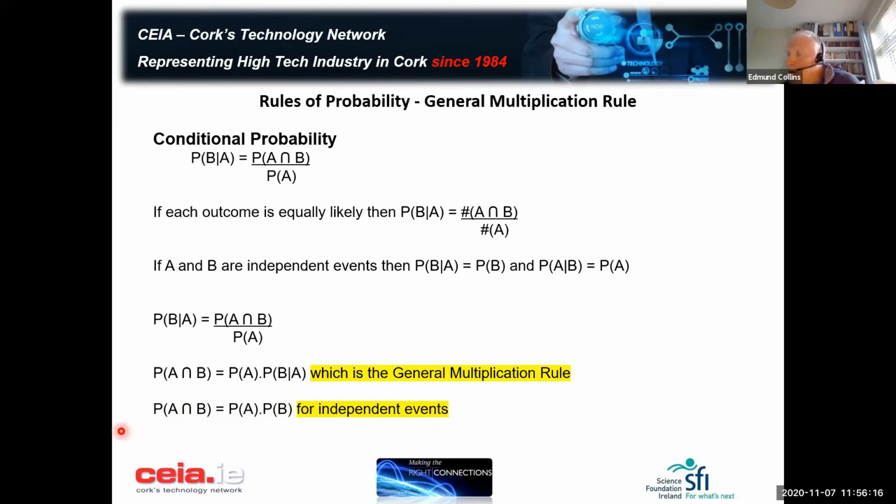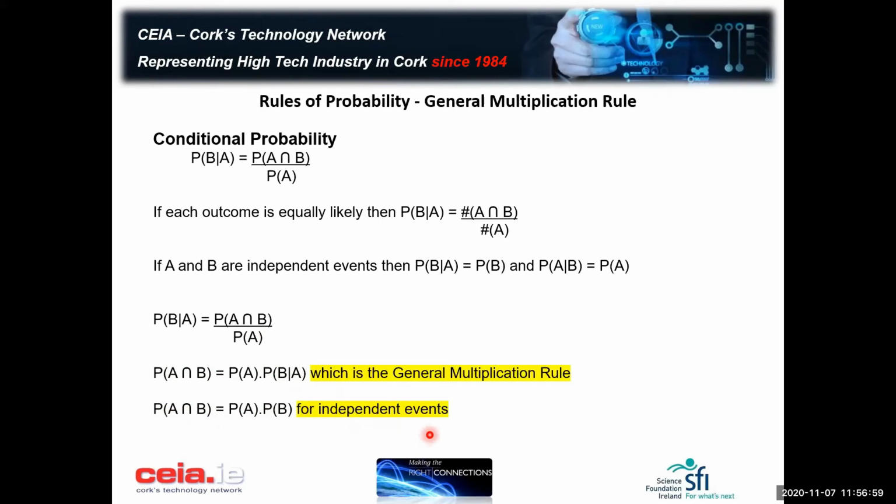You'll see later on that we're going to use this general multiplication rule for independent events in problem solving. As I say, we're moving up in the complexity stakes when we're talking about conditional probability, but certainly this one will be used. So you need to be happy with that rule there.